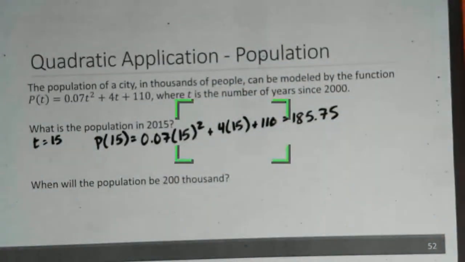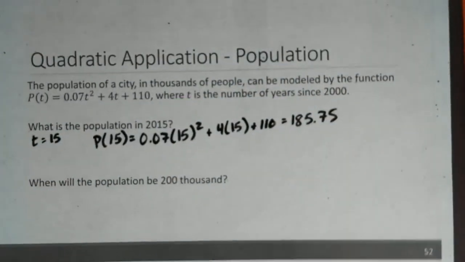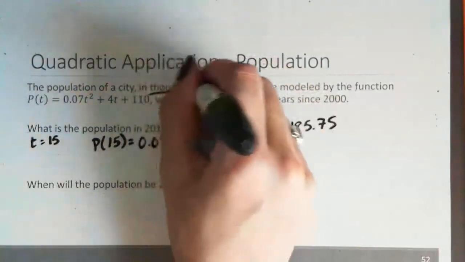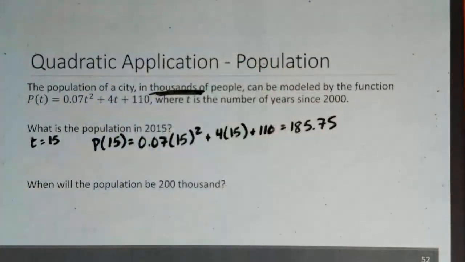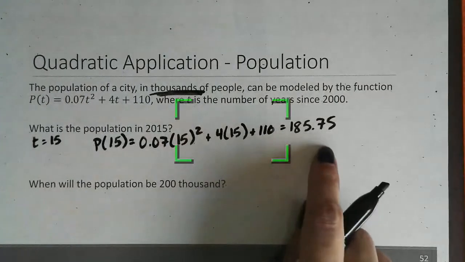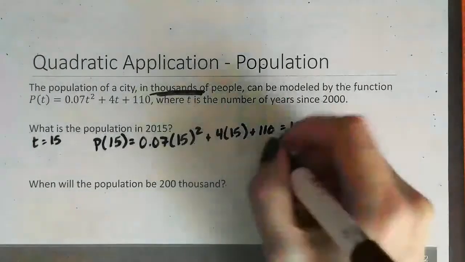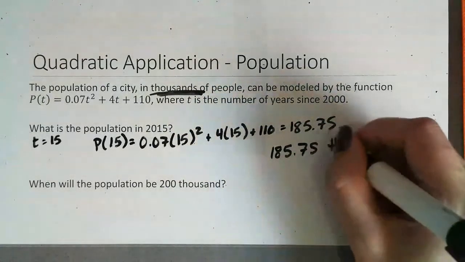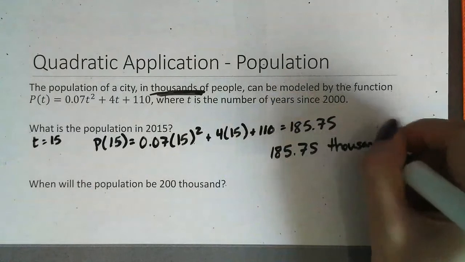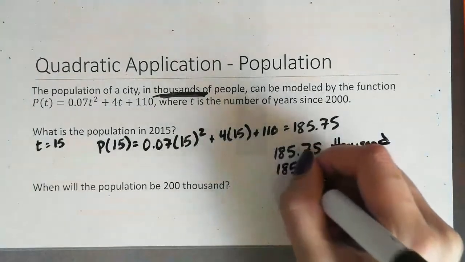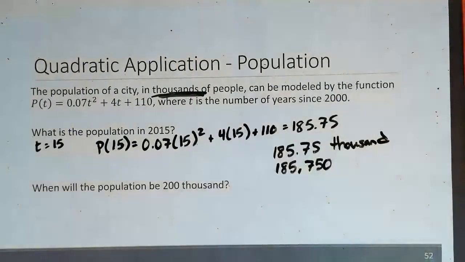So does that mean the population was 185 3/4 people? Not quite. The population of a city is in thousands of people. So what that means is in 2015, the population was 185.75 thousand. Or we could write it as a standard number as 185,750.